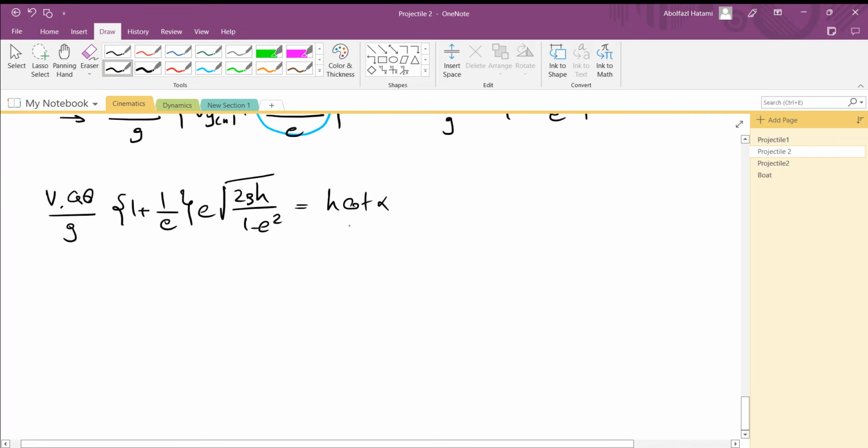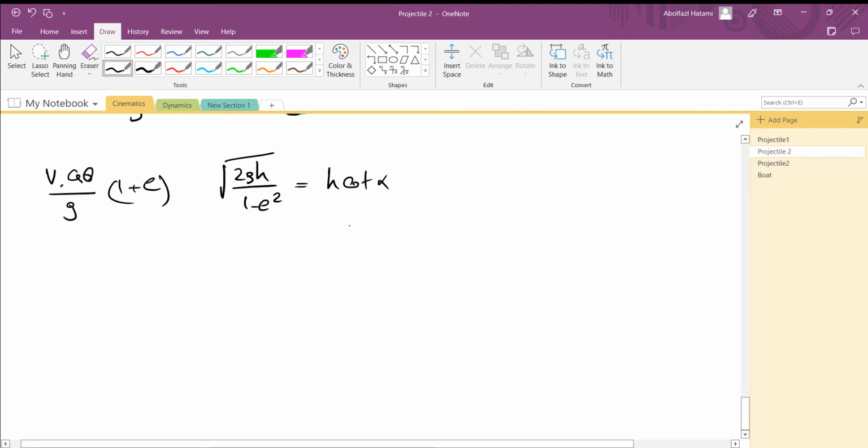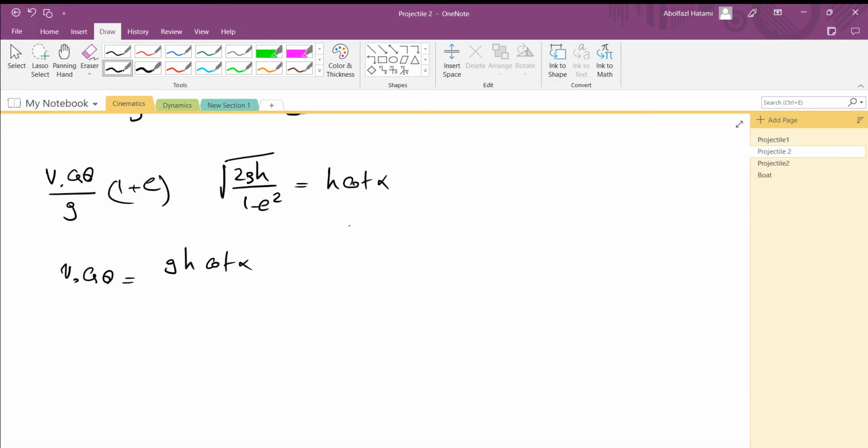So from this I can write something like this, 1 plus e, and so our V0 cosine of theta is going to be gh cotangent of alpha over 1 plus e times radical 1 minus e squared divided by 2gh.